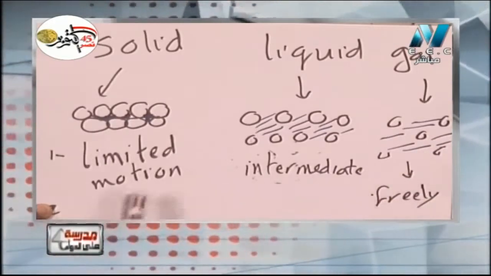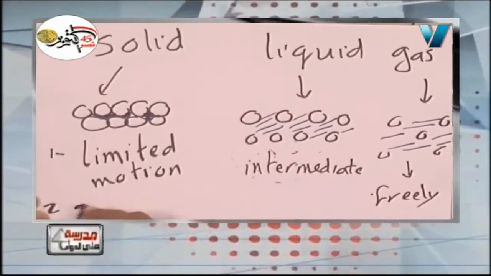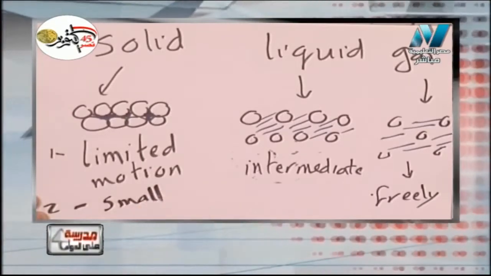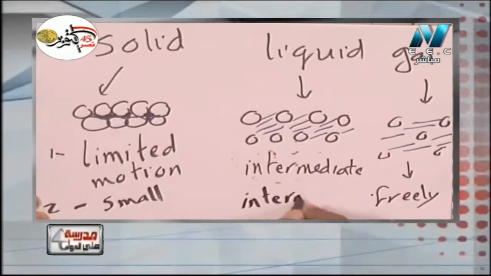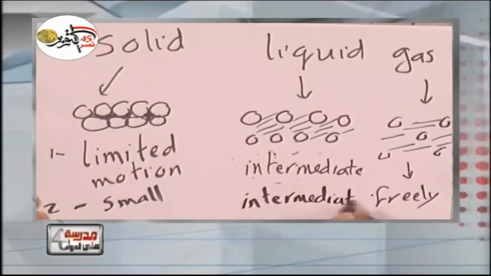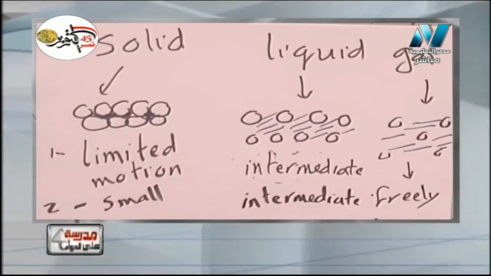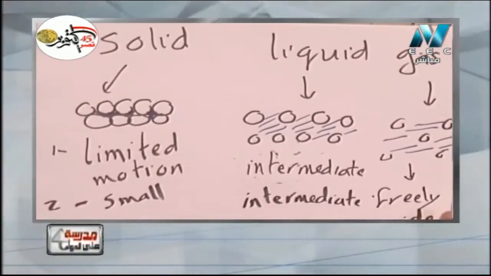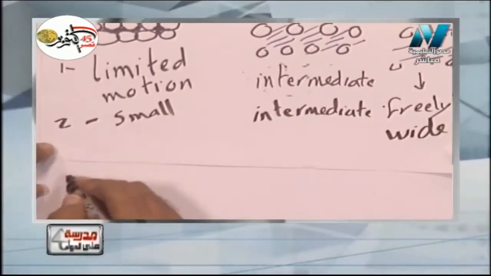But the intermolecular spaces here in solid are narrow, small, very small. In liquid, intermediate, medium. And in gas, very wide, very wide. This is number two. Number three, intermolecular forces.